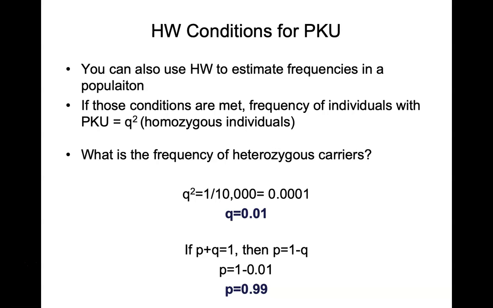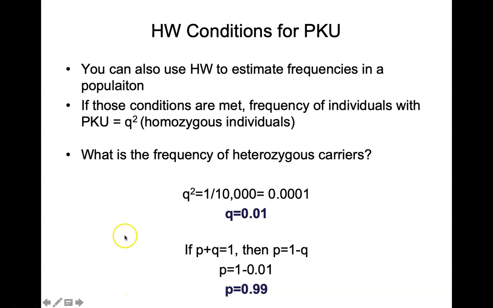That means that you know q squared, because q squared is the frequency of homozygous recessive individuals. It's the frequency of the recessive phenotype, and it's the frequency of the homozygous genotype. So you can say 1 in 10,000 people has the homozygous recessive genotype. Therefore, 1 in 10,000 is equal to q squared.